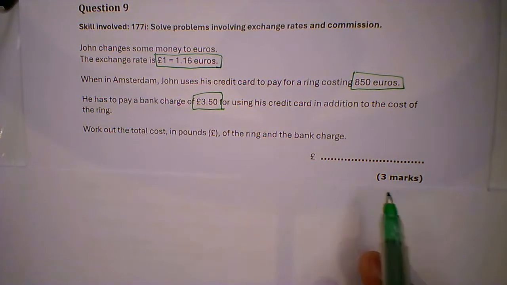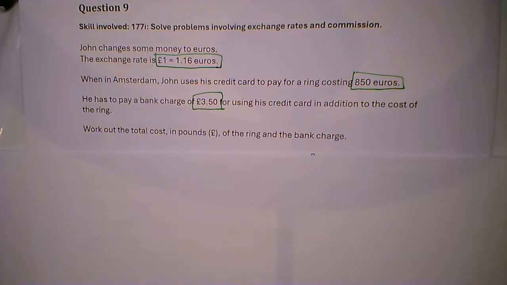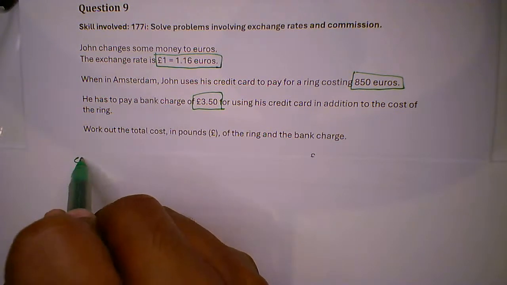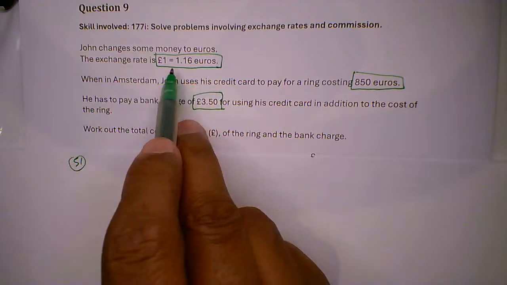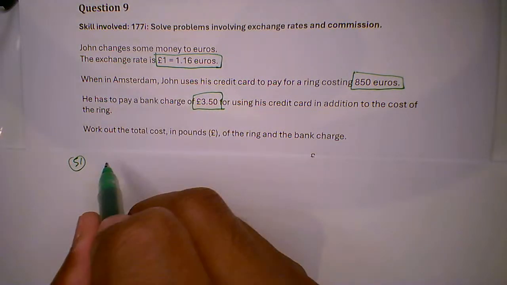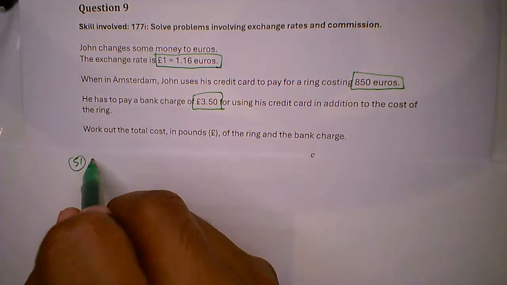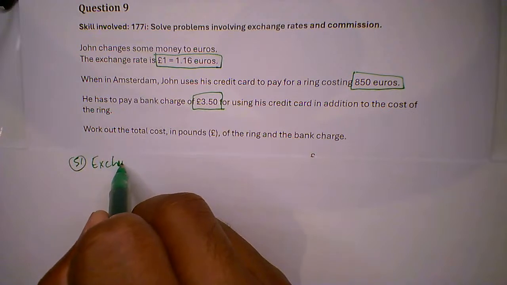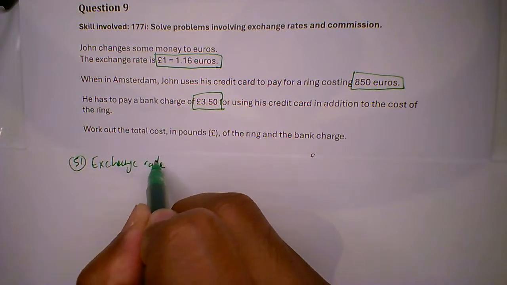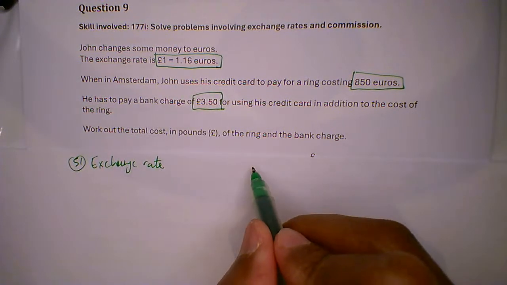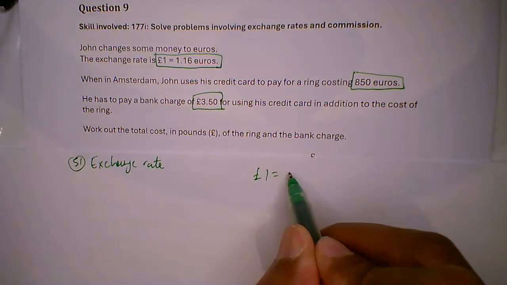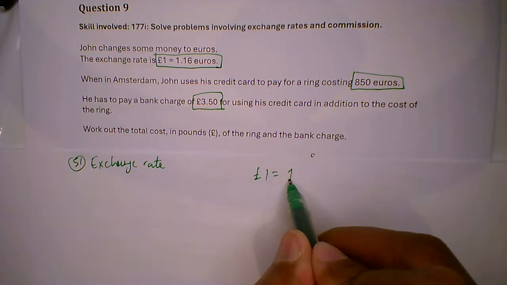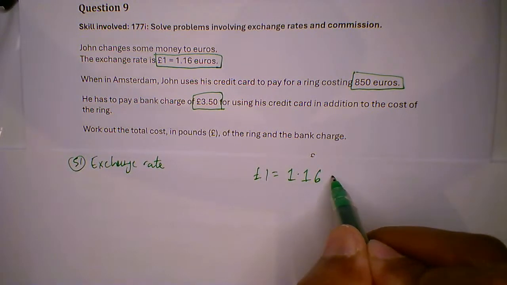So what I would do is step 1 is to find the exchange rate, which is £1 equals 1.16 euros.